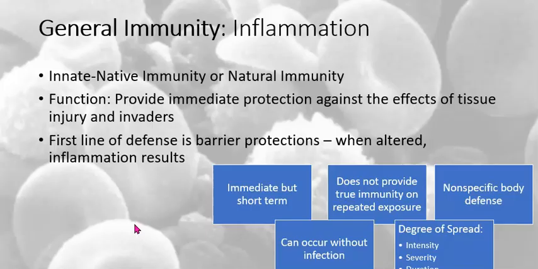So with inflammation, the inflammation doesn't transfer from one adult to another. It's an immediate short-term response. It doesn't provide immunity with repeated exposure. Same response to injury or invasion regardless of location or cause.